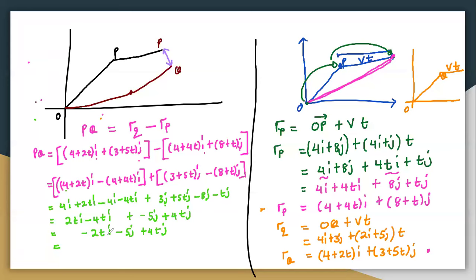So here this is negative 2ti. Then for j, I can combine the j and the j. I want you to check very well. I can first write the negative 5j, then say this is negative 2ti plus 4t minus 5, everything times j. And I can say this is my PQ.